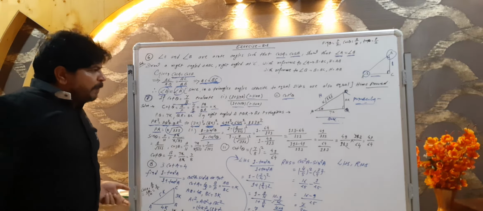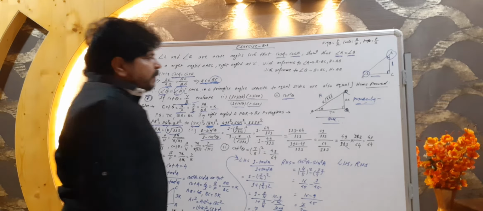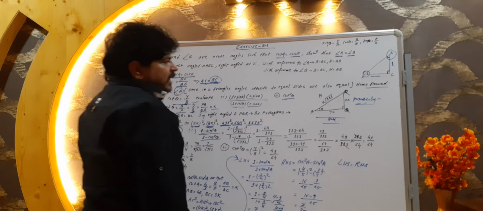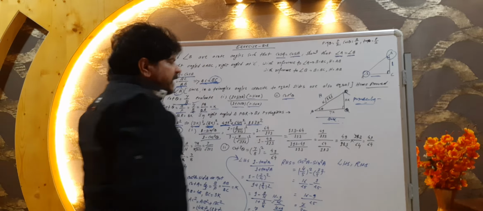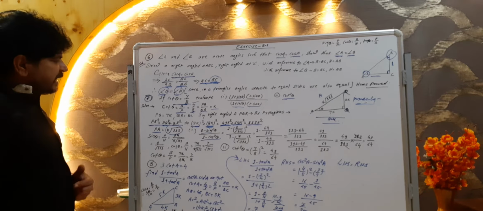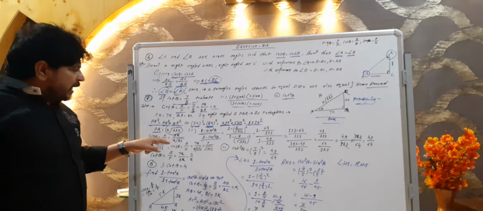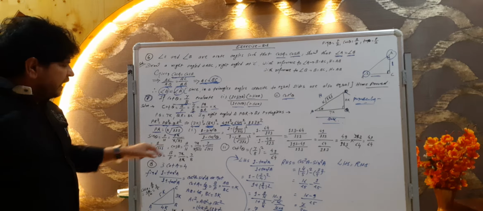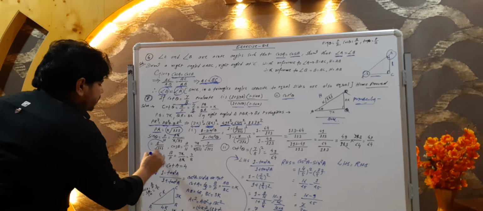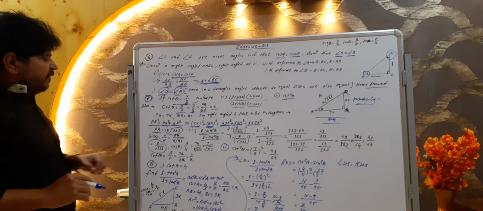Perpendicular is 8k and hypotenuse is k under root 113. So sin theta is 8k upon k under root 113. Both k cancel, and we get 8 upon under root 113. That is the value of sin theta.